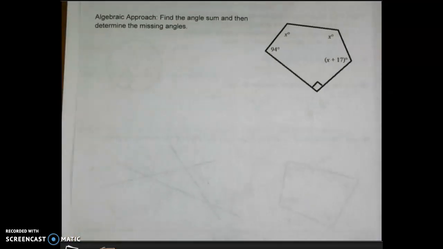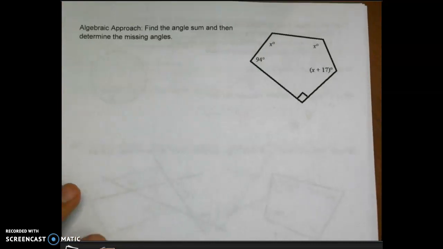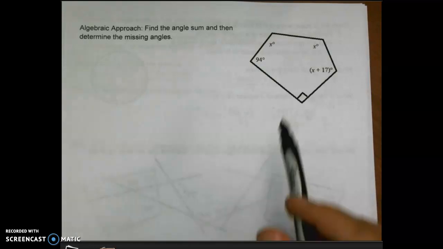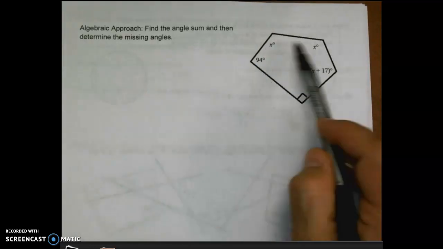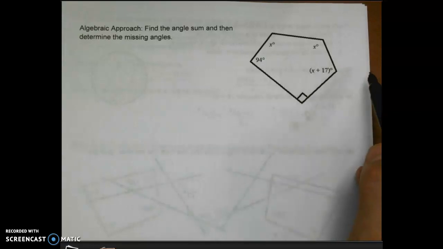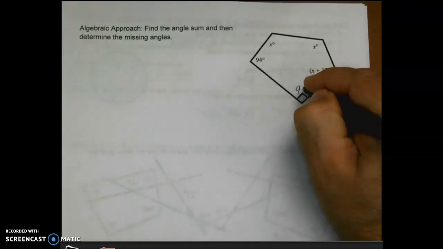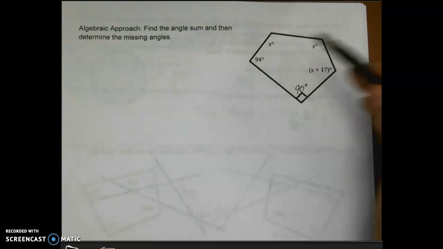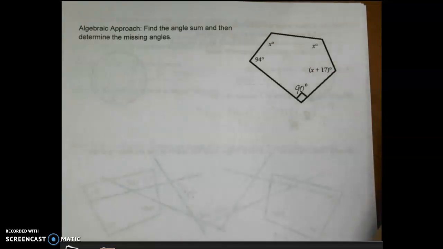This is a little bit more challenging, where we have an algebraic approach where we need to do a little bit more here. So we have a situation here where we have three unknown values. Now, two of these angles are x, the same measure, and this guy over here is x plus 17. This angle here is a right angle, so we know that's 90 degrees, and this angle is given as 94 degrees. To approach this one, we've got to go a little bit different.